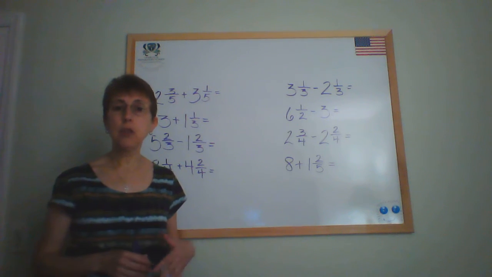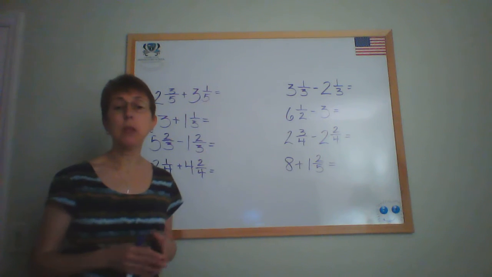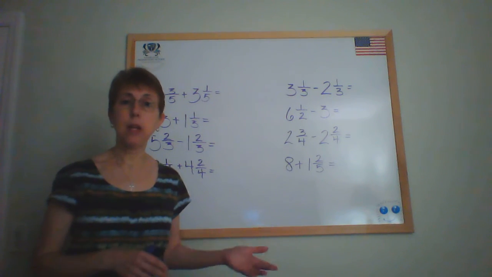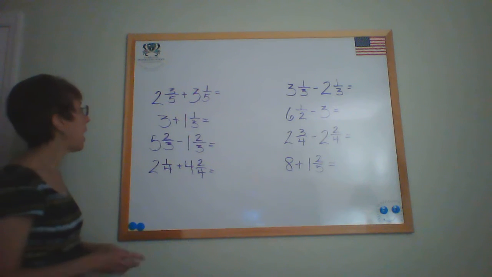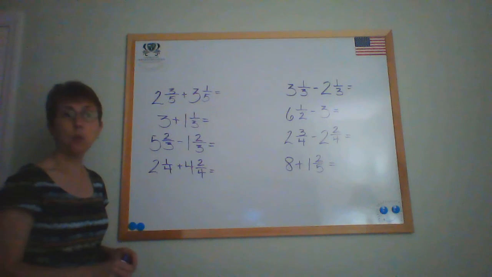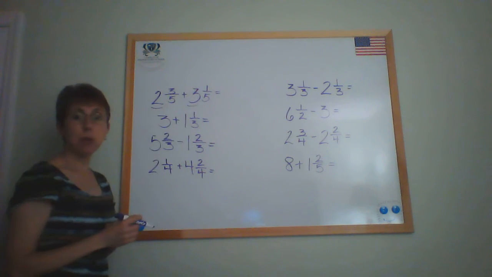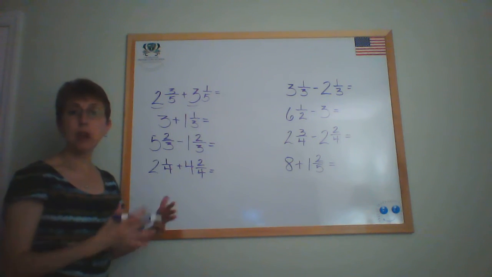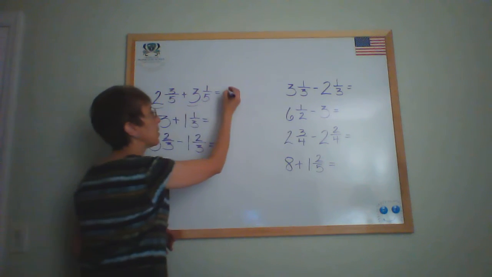In addition to that, you are now also adding some whole numbers because these are mixed numbers made up of whole numbers and fractions. So let's take a look. The first one we have is 2 3/5 plus 3 1/5. You start out by looking at your whole numbers and you're always going to either add or subtract those whole numbers first. So we have 2 plus 3 equals 5.